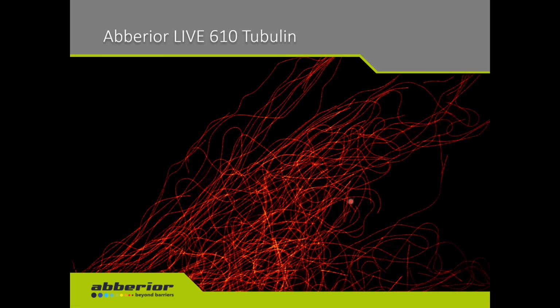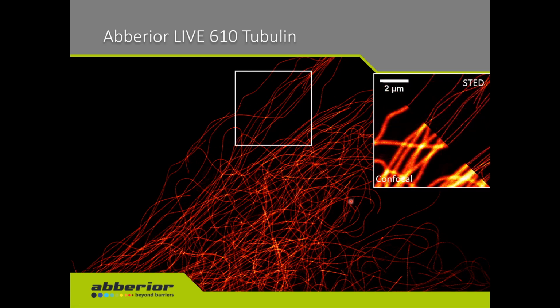In this case, we labeled the tubulin filaments in human fibroblasts. So we conjugated the Live 610 fluorophore to carboxytaxel, a taxol staining tubulin. And if we look a little bit closer into the image, then we can nicely see the difference between confocal imaging and STED imaging.